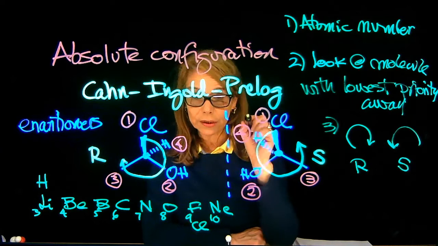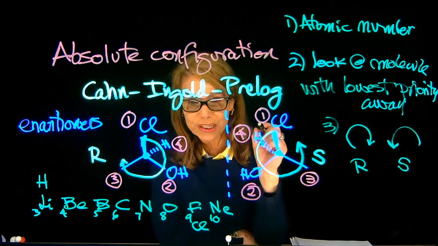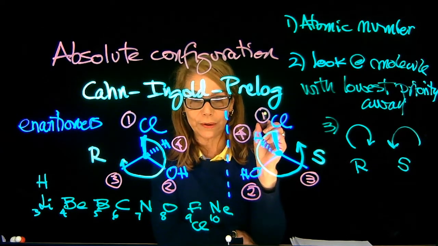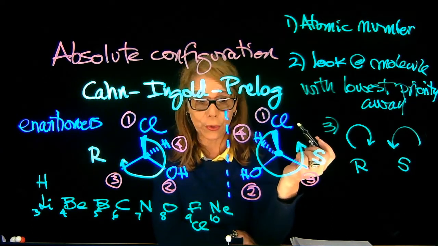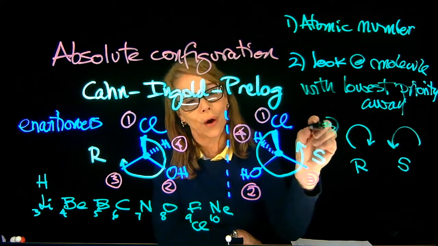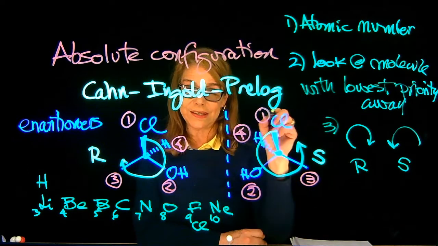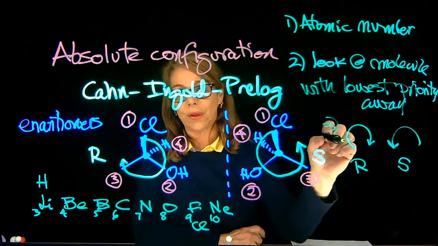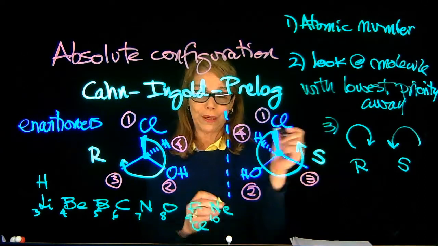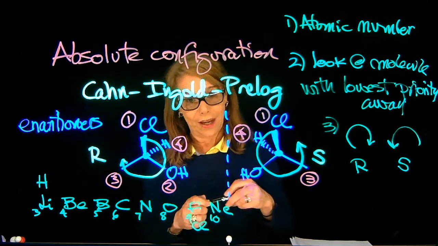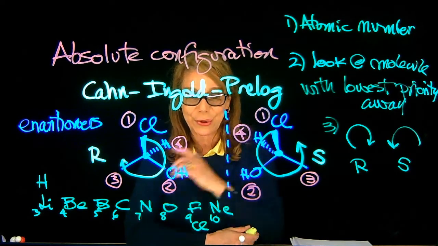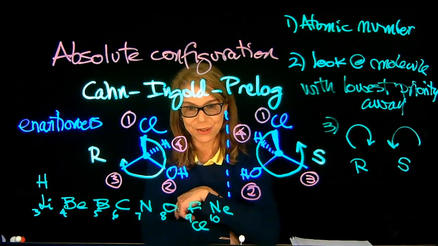Then we look at the molecule with the lowest priority group, priority 4, away from your view. And lastly, you follow the sequence, highest priority, second highest, and so on. If the rotation is clockwise, it is the R configuration, and the opposite, counterclockwise, is the S configuration. We're going to be applying this to examples.